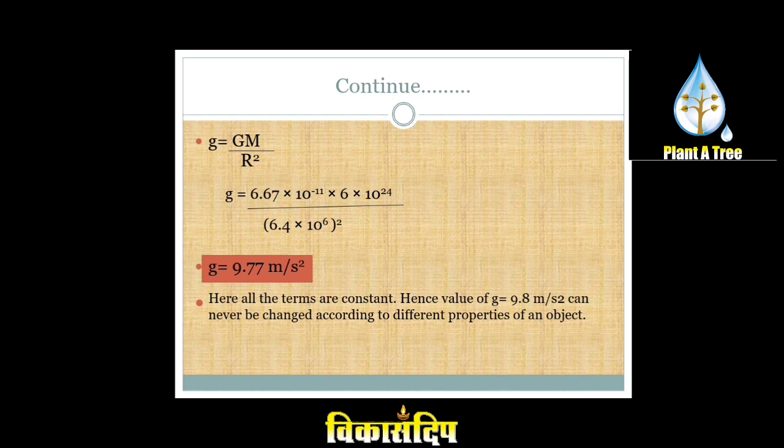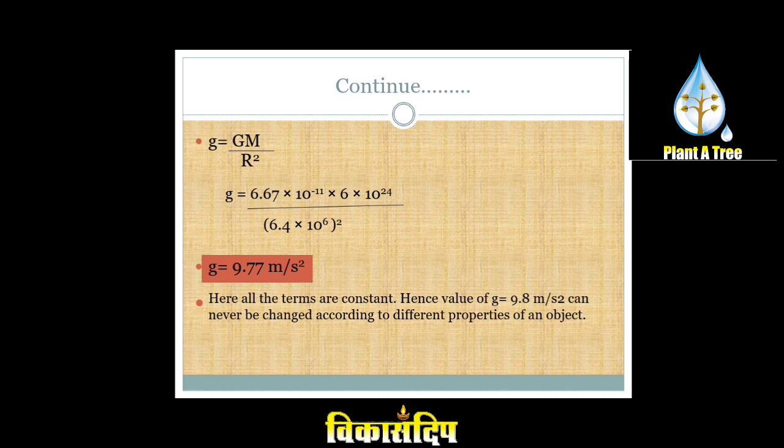As we are taking the square of the radius, we put the 2 over this bracket. When we calculate this equation, we get small g equal to 9.77 meter per second square.